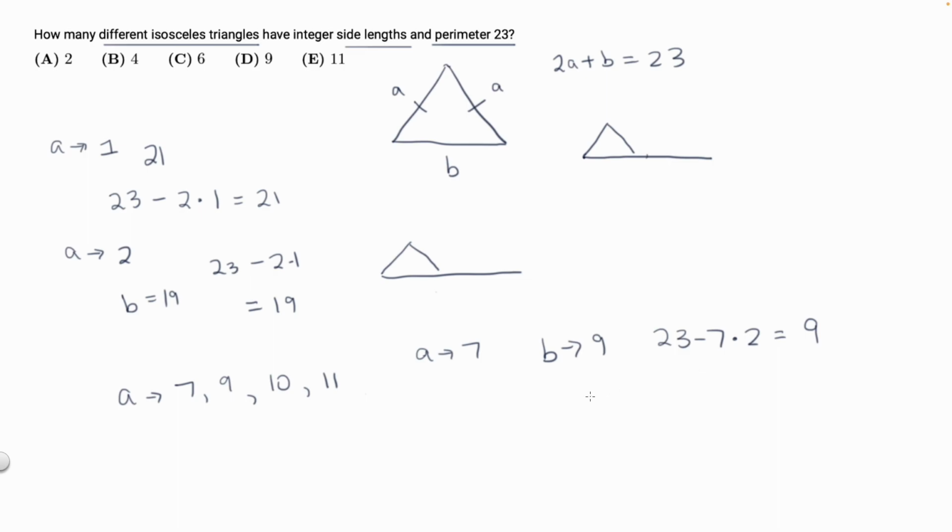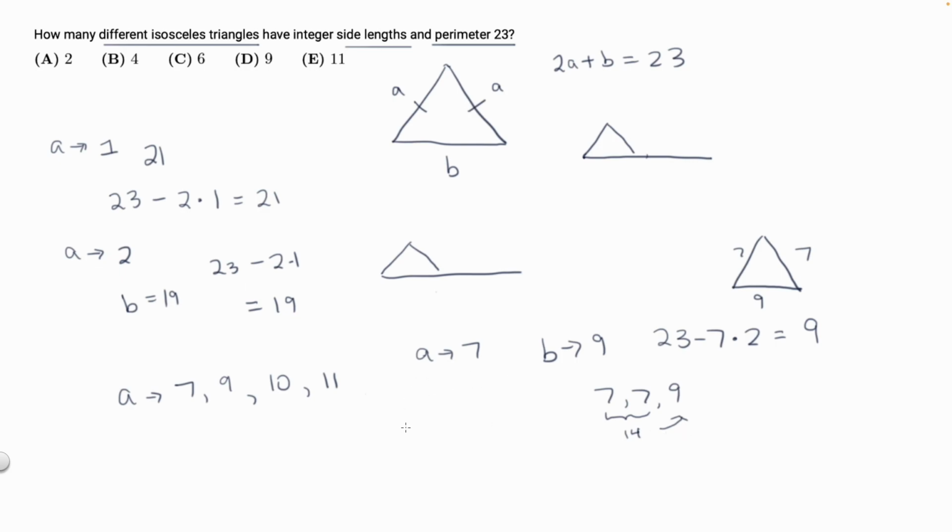This would make a 7, 7, 9 triangle, which works. The sum of the two shorter side lengths is 14, and the sum of the two shorter side lengths has to be greater than the third side.